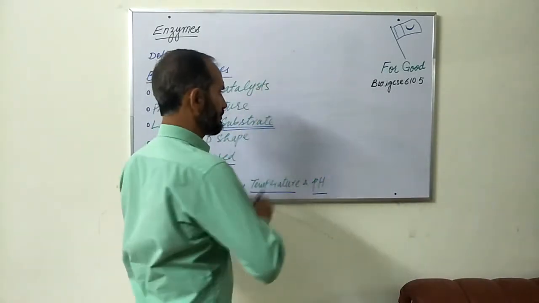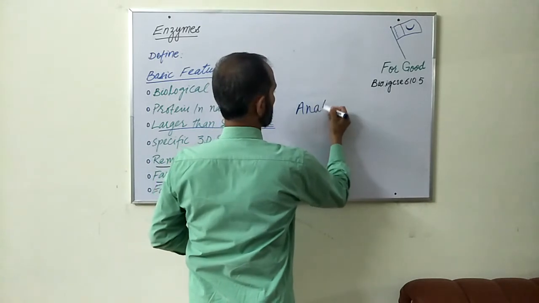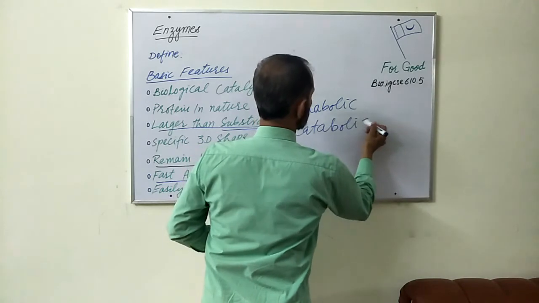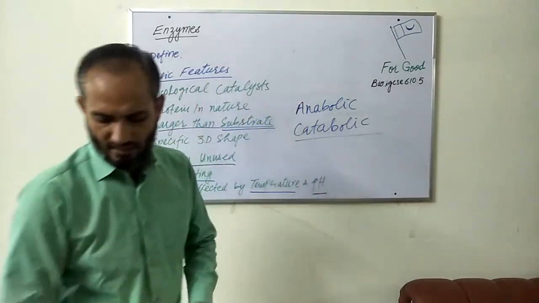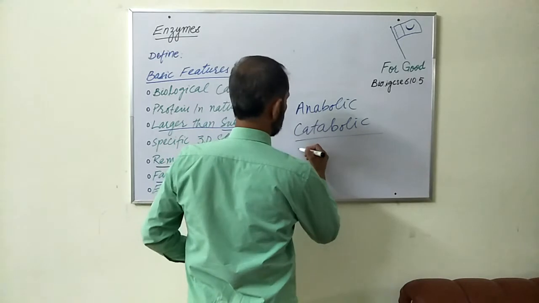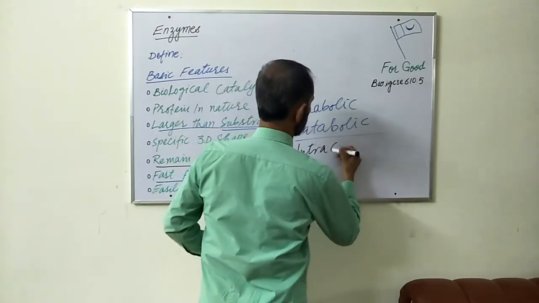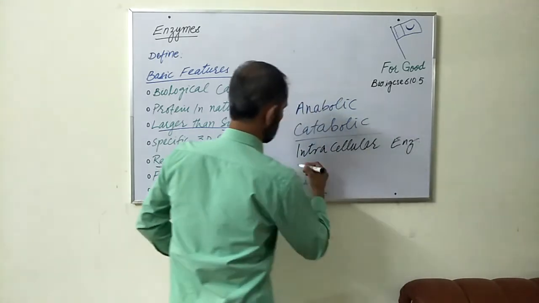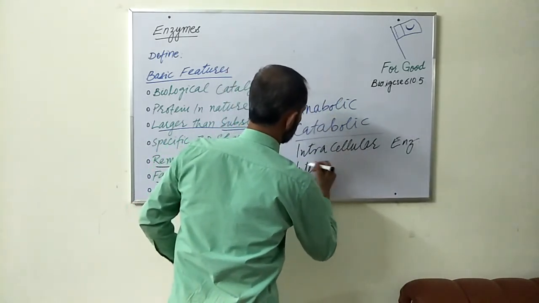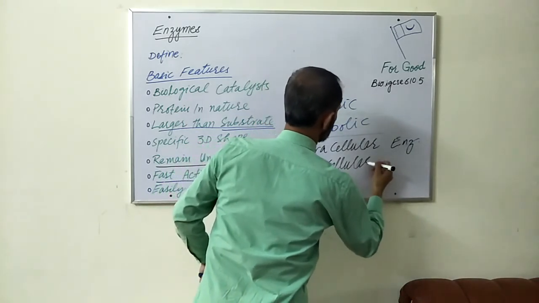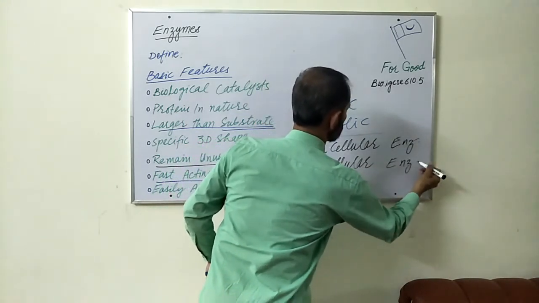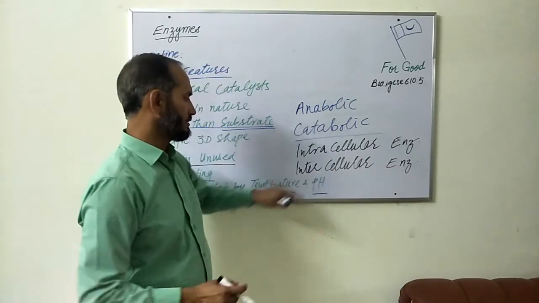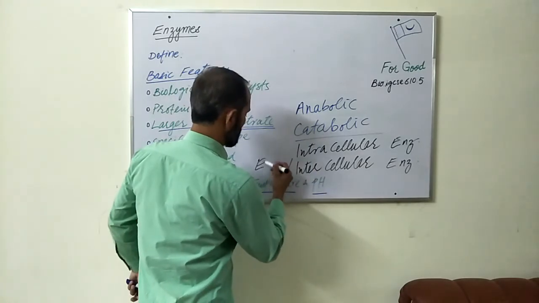I have discussed two words, anabolic enzymes and catabolic enzymes. And I have discussed two other words: intracellular enzymes and intercellular enzymes, those which are working in between the cells, or they can also be called extracellular enzymes.